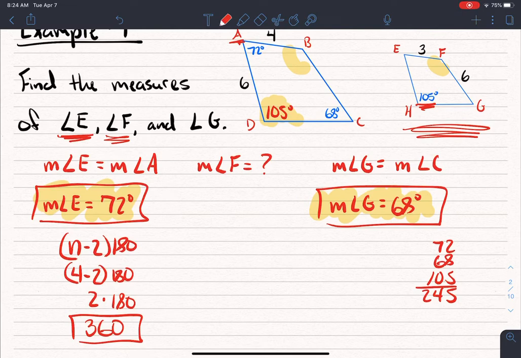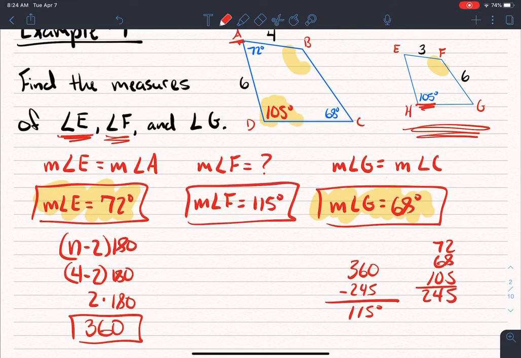When we subtract 245 from 360, we get 115. So the measure of angle F has to be 115 degrees, and there's our final answer.